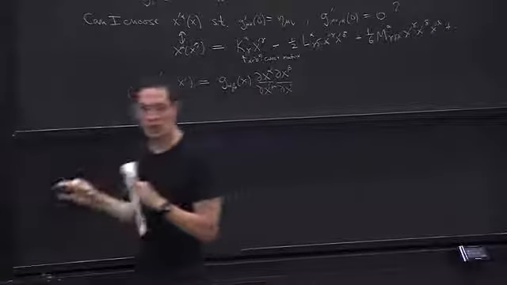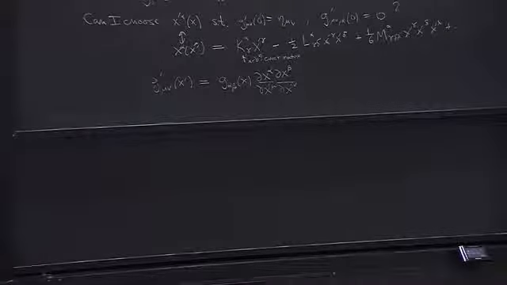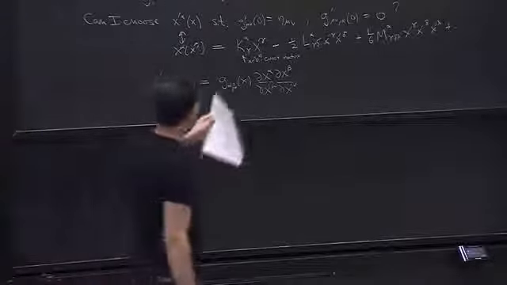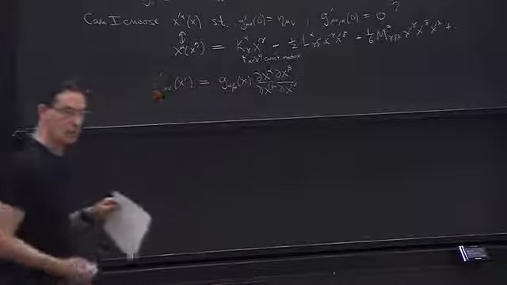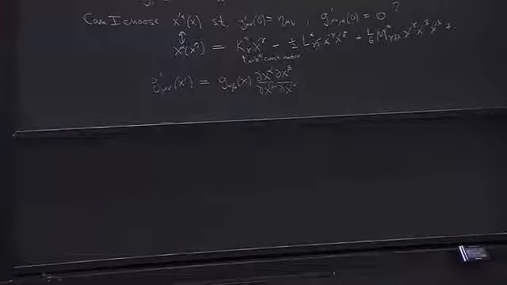So we assume the coordinate transformation is itself a Taylor series in x prime. We're assuming x prime is small, so this will be accurate. We'll do everything as a power series in x prime.